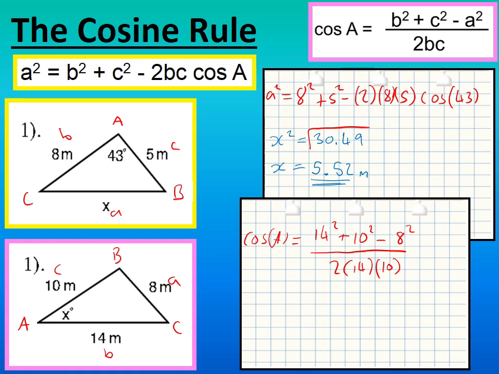Put that into your calculator and you'll get cos A equals 29 over 35. Now, remember back from SOHCAHTOA, that's the answer for cos A. We need to do cos to the minus 1 of that to find out the angle of x, which should give you 34.05.